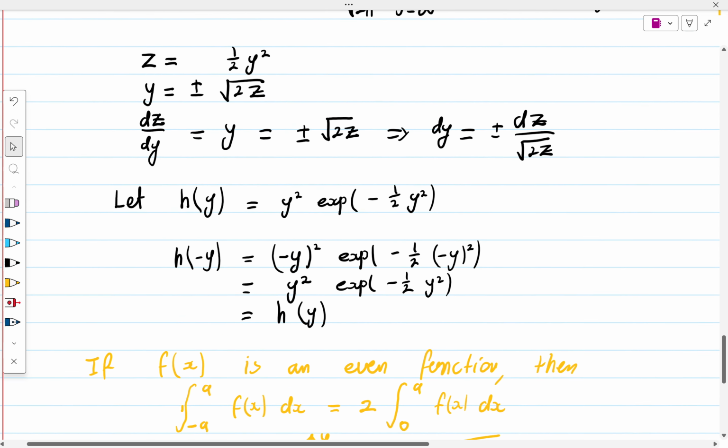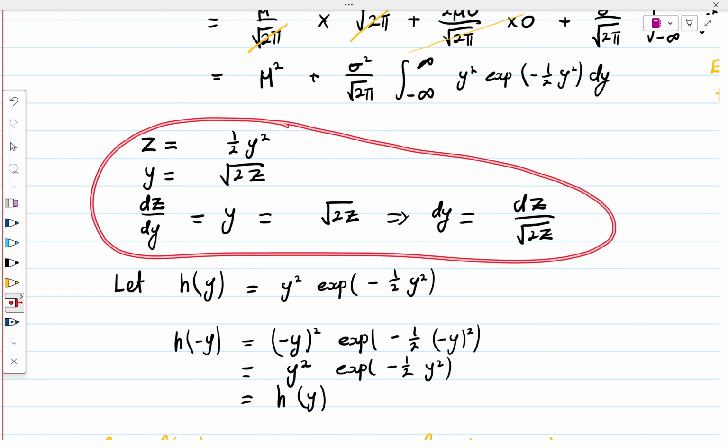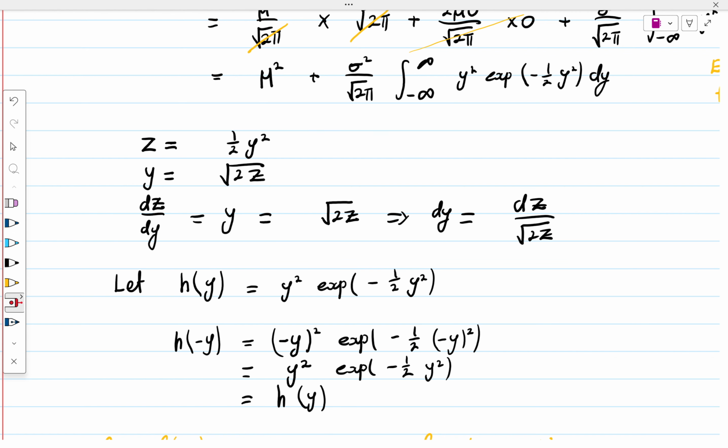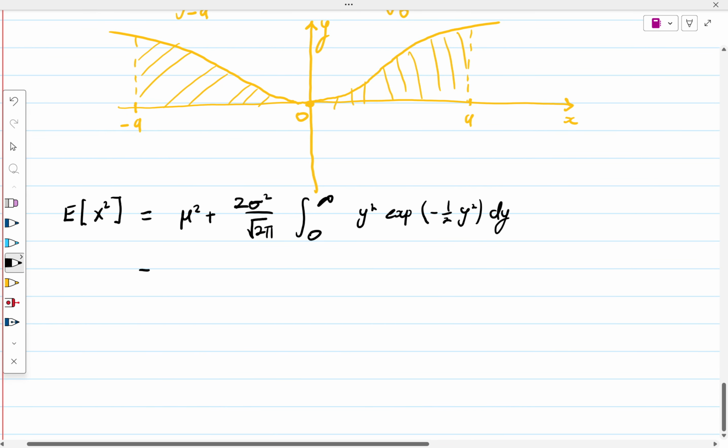Now we can go back to our expressions for z. Because we're only dealing with the interval from 0 to infinity, I don't need to worry about the plus minuses. I'm just going to ignore them and take the positive versions. So now that we've got our z substitution, we can go back to mu squared plus 2 sigma squared on 2 pi.